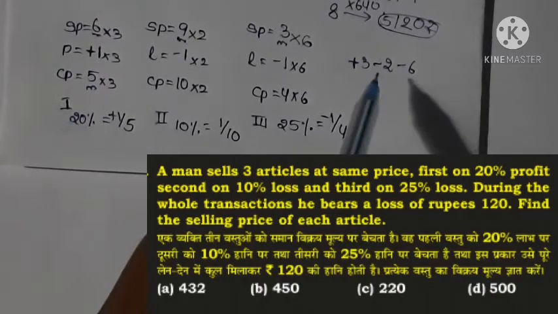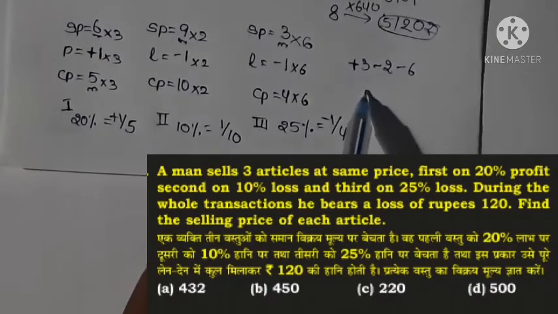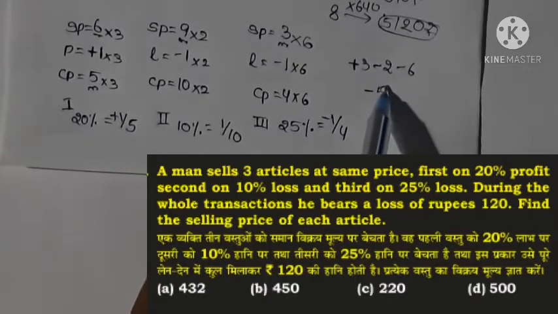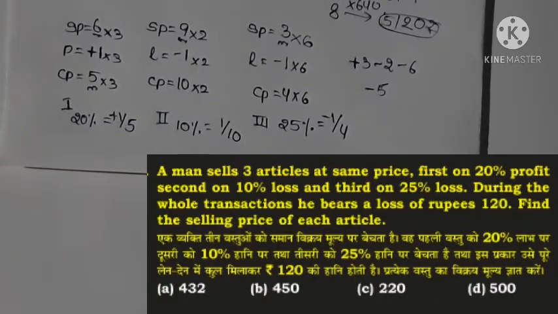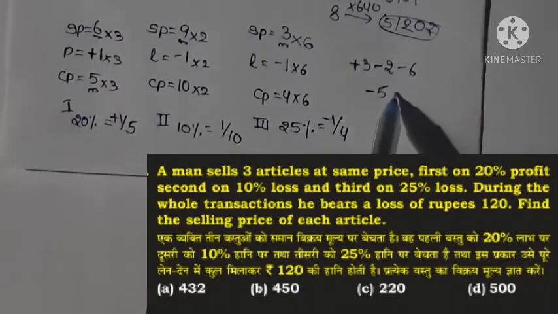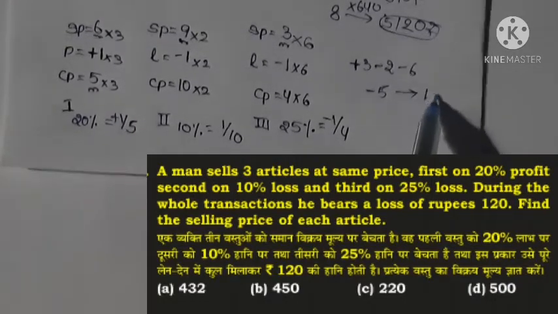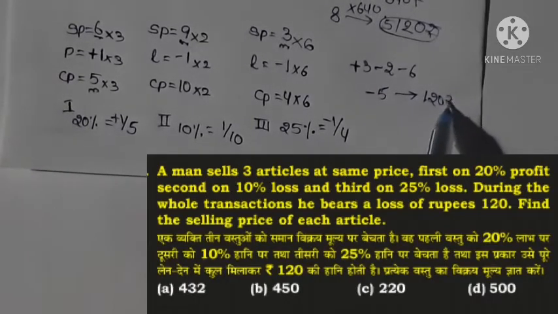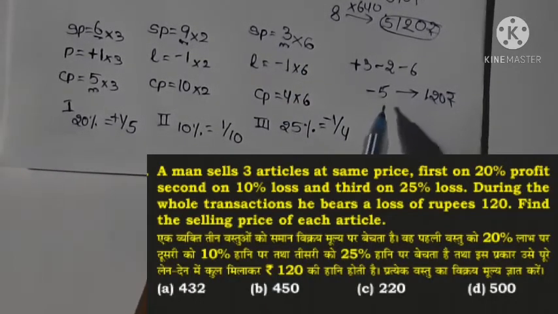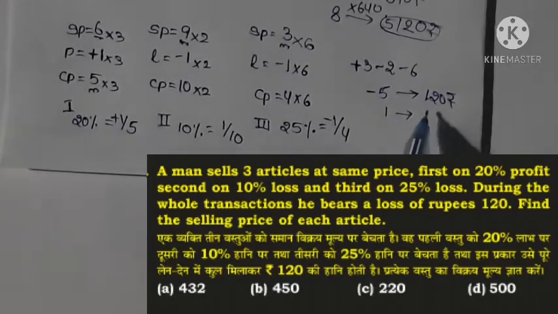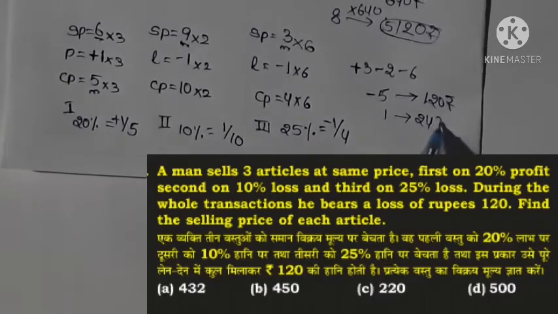So the overall loss is minus 5. The 5 units represent 120 rupees. So 1 unit represents 24 rupees.